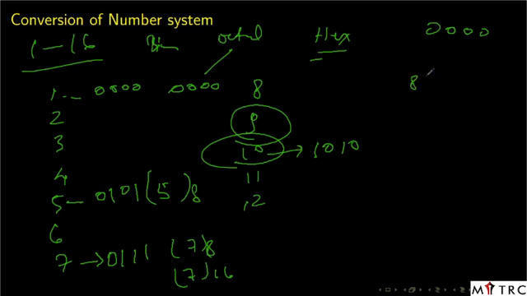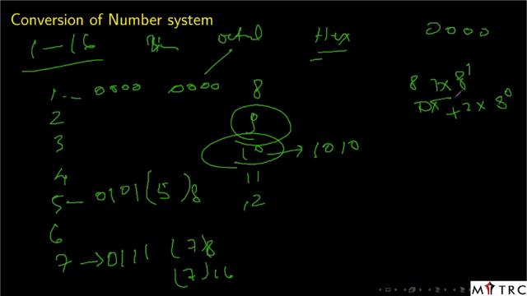8 plus 2. So it will be 1 into 8 to the power 1, plus 2 into 8 to the power 0.